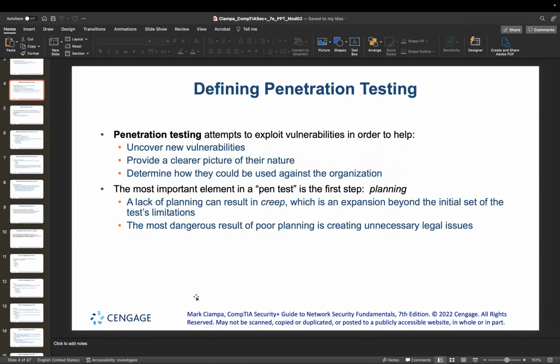So let's start with definitions. Penetration testing is the attempt to exploit vulnerabilities so that you can uncover the unknown vulnerabilities, provide a clear picture of the nature of the vulnerabilities, and determine how those vulnerabilities could be used against the organization.